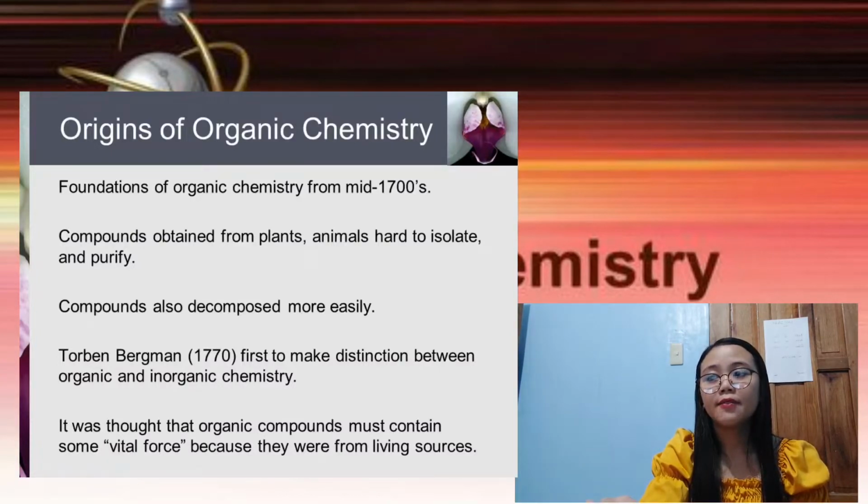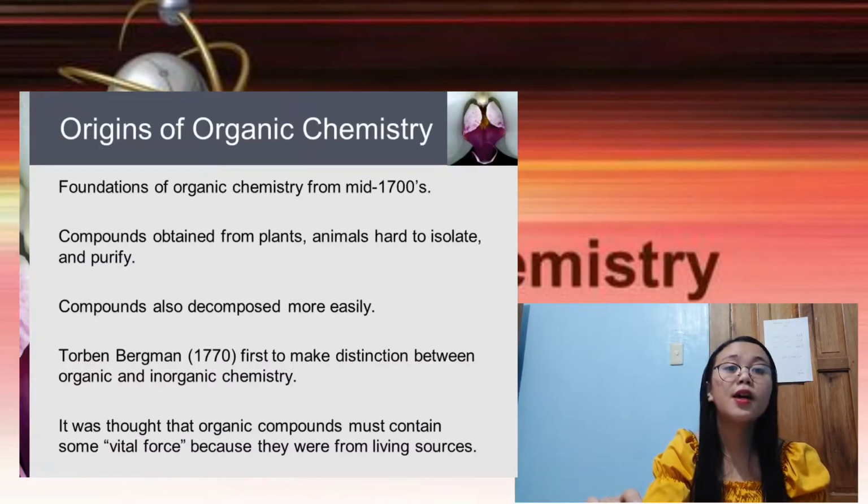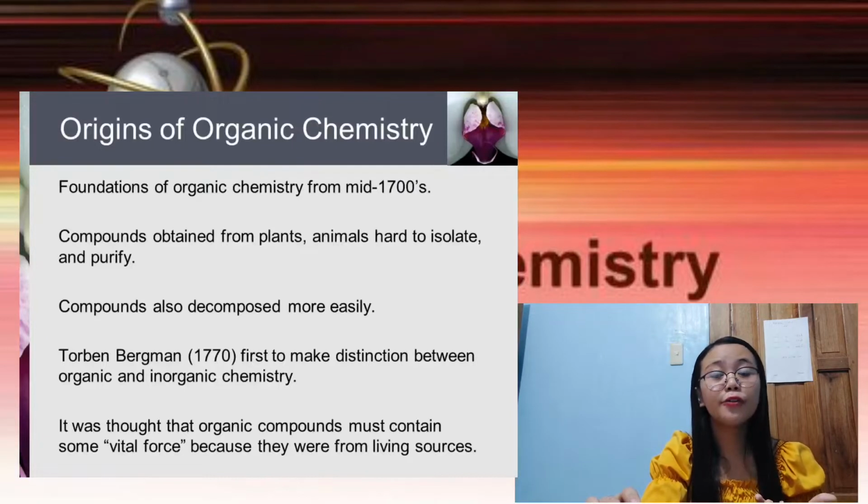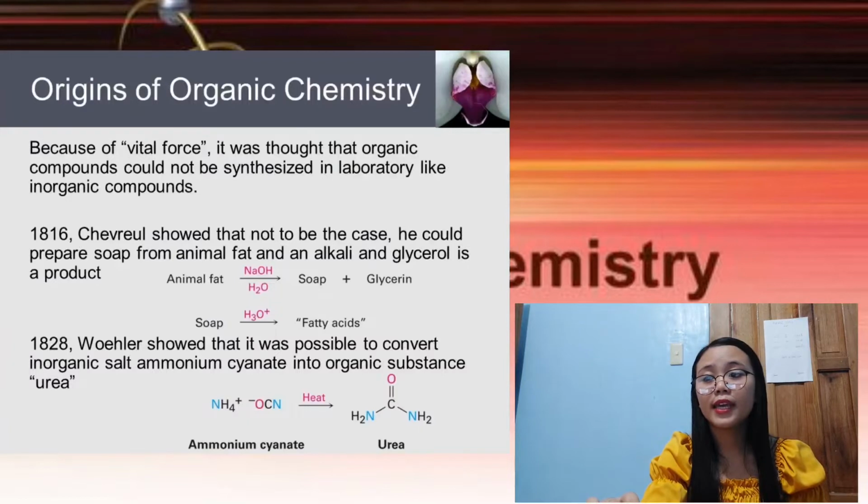Torbern Bergman, 1771, made the distinction between organic and inorganic chemistry. It was thought that organic compounds must contain some vital force because they were from living sources. Because of the vital force, it was thought that organic compounds could not be synthesized in a laboratory like inorganic compounds.